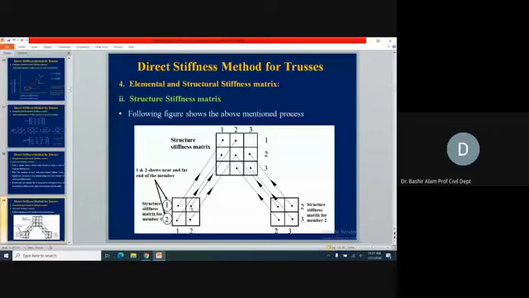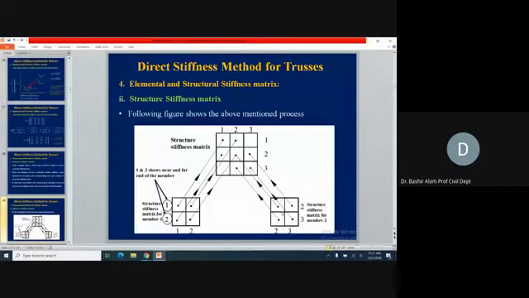This element definition was first row and second column, so 1 2. So it is going to the 1, 2 position here. Now this one is 2, 1, so it is going to the same 2, 1 position. This was 2, 2, so this is going to the same 2, 2 position in the structural stiffness matrix.